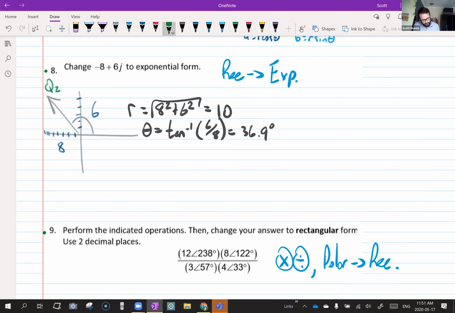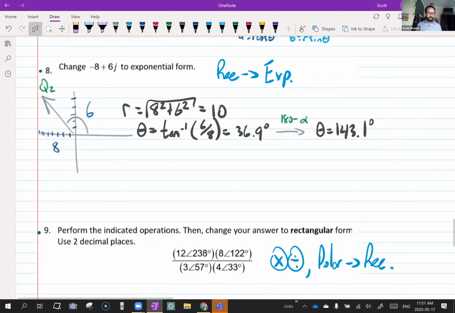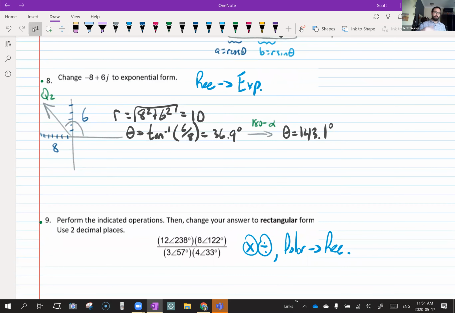So you need to say, I'm going to change this. You have 180 minus the reference angle you were given. What's 180 minus that? It is 143.1 degrees. And then, because I need exponential form, I need to change that to radians. How do I change that to radians?